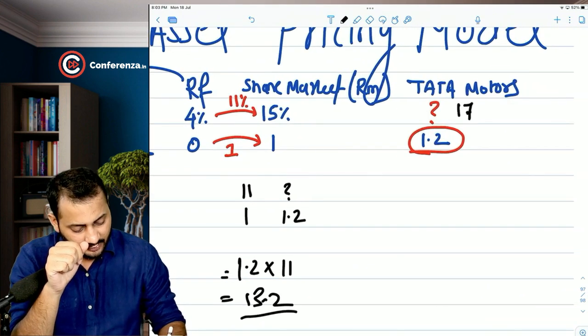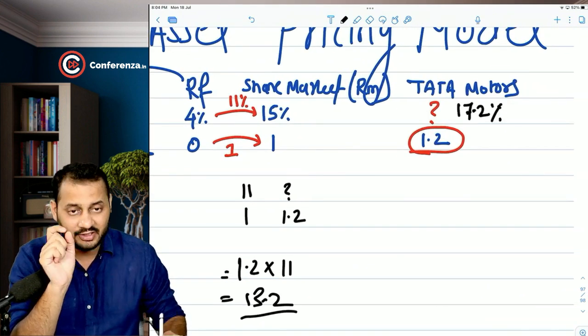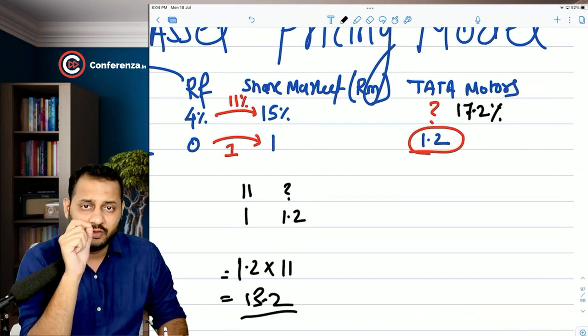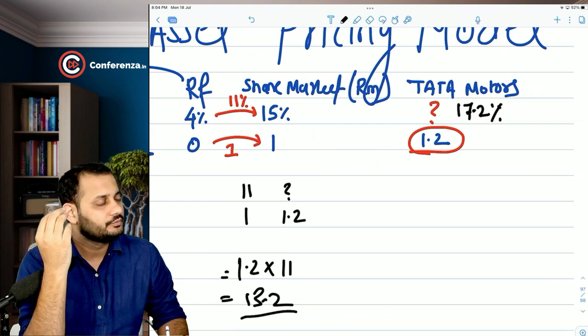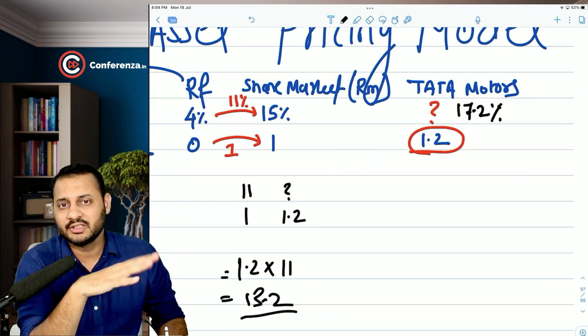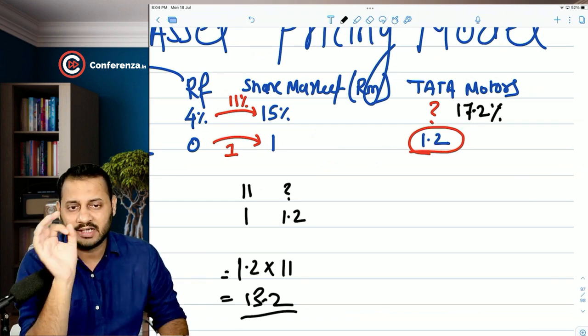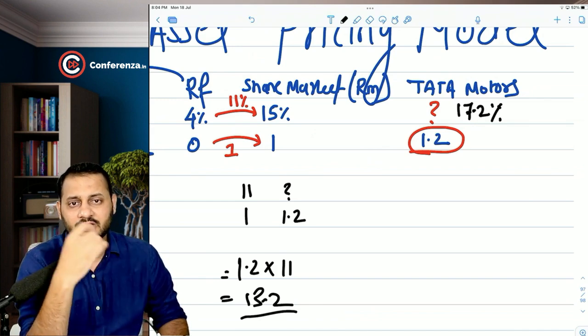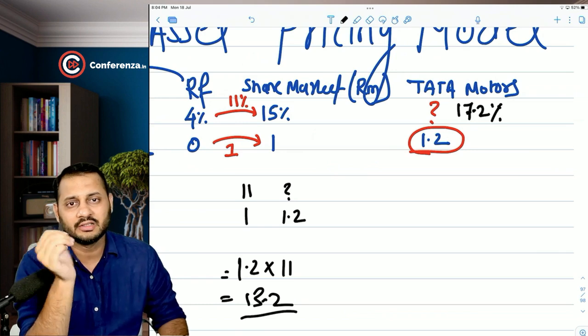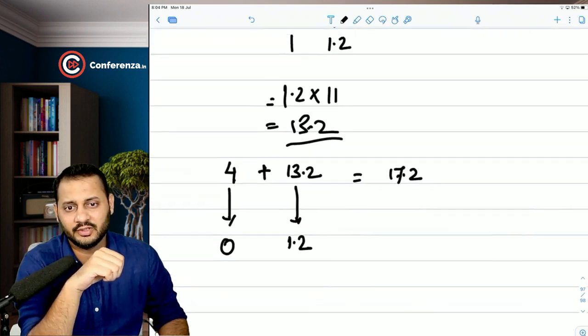So 17.2% is the return you need if you want others to convince you to invest in Tata Motors. That means if you choose to invest in Tata Motors, the required rate of return is 17.2%, and it is calculated like this.